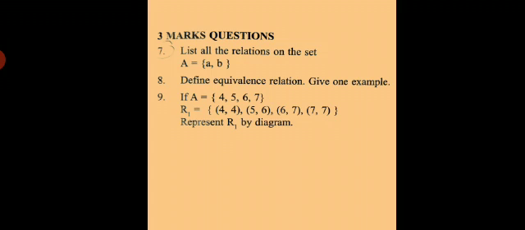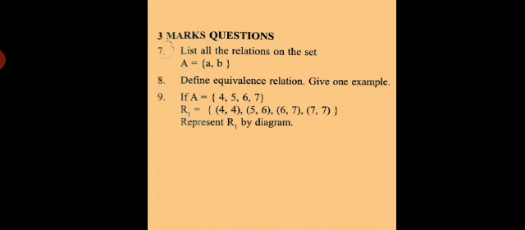List all the relations on the set {A, B}. Seventh one. For all the relations on the set, from A cross A will be AA, AB, BA, BB.